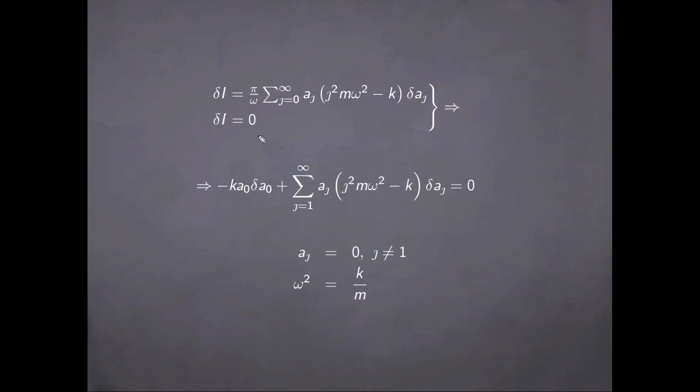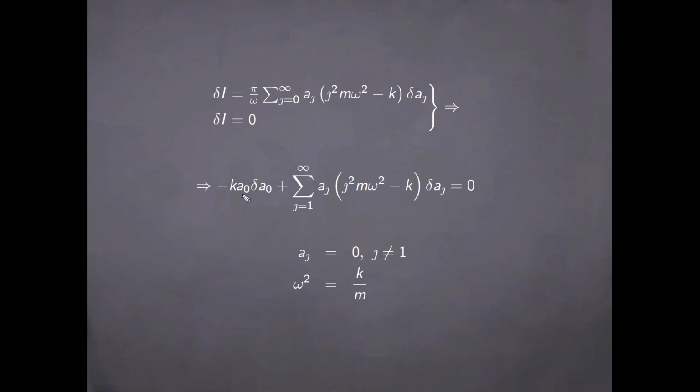Now, the variation of the action integral, the variation of I, is given by the variation of these amplitudes according to the expression here. In order to find the correct path of motion, we impose that the variation vanishes. As such, if we expand the sum, the delta I is given by the formula here and has to be equal to 0.